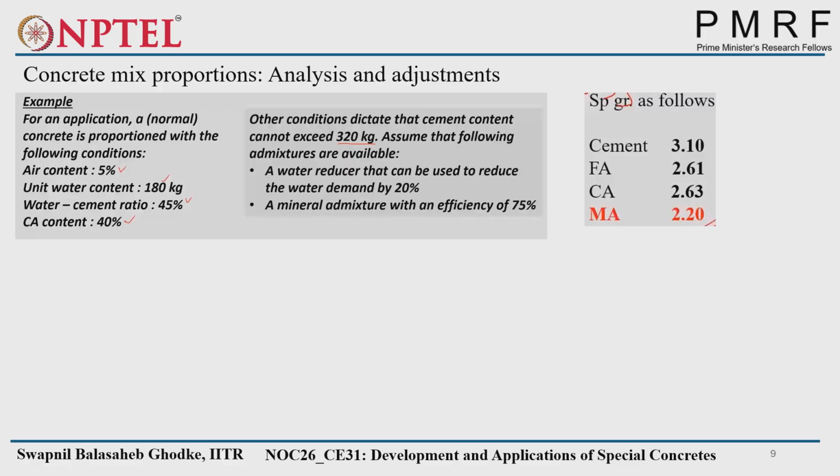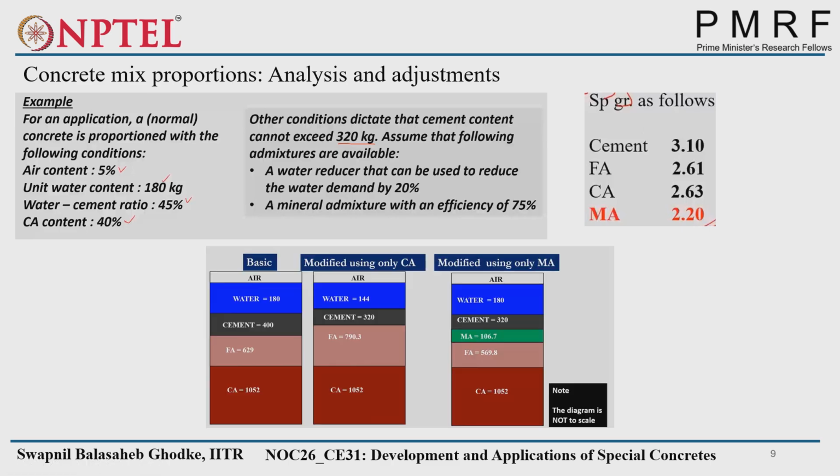We are only replacing 106.67, because efficiency is only 75%. That's why a higher mineral admixture quantity, a higher replacement quantity, is required, right? So you see here mineral admixture is 106.7. Coarse aggregate content is 1052. Same here 320 and here 180.